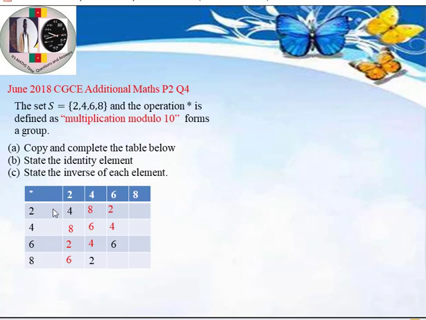Please use your calculator to punch this if you don't know what we are doing, or just to familiarize yourself with modular arithmetic on a calculator. Then 6 times 8, 8 times 2 modulo 10 is 6, 2, 8 and 4.